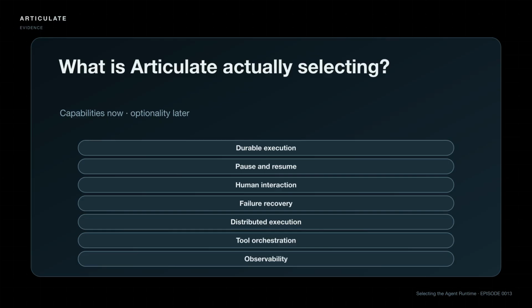I haven't decided the eventual production hosting model. I don't even know whether the architecture I have today will still be the architecture I need in several episodes from now. So I want a runtime that gives Articulate some useful capabilities now without unnecessarily constraining where the platform can evolve. And with that criteria established, I can finally look at the candidates.